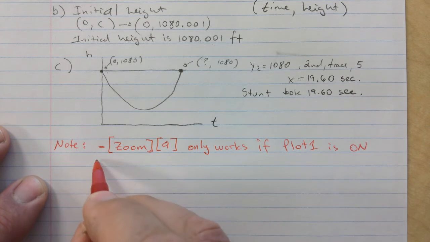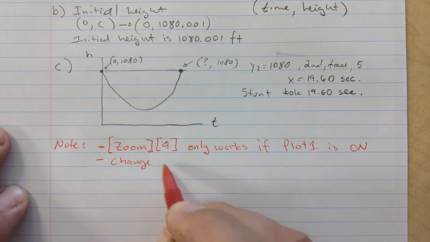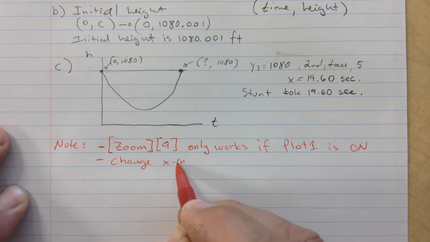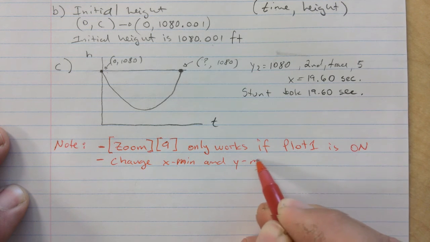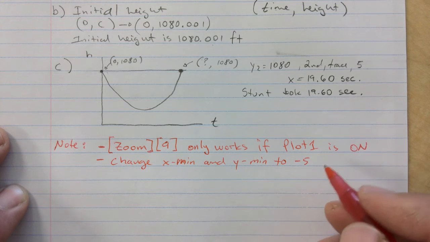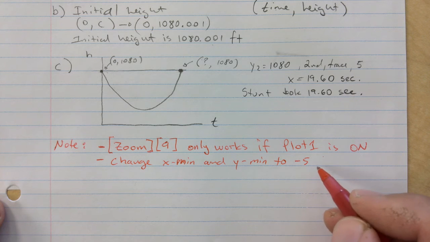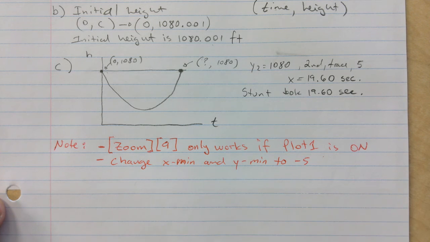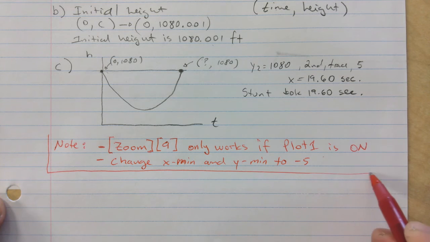Change x min and y min to -5. This makes sure you can see your x and your y axis. So I would have it a different color or highlight it so that you remember, right?